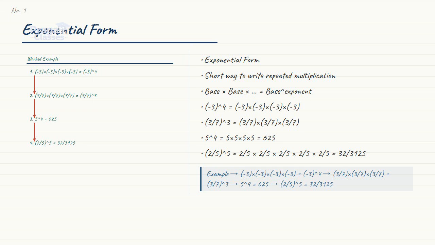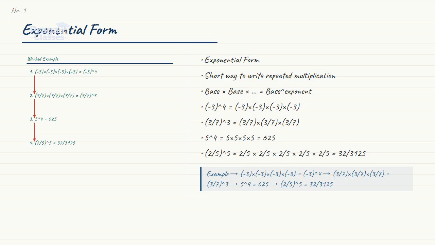You can see on the board that -3 times itself 4 times becomes (-3) to the power of 4. Notice the parentheses, they make sure the negative sign gets multiplied too. Same idea with fractions, 3/7 multiplied 3 times is (3/7) cubed.